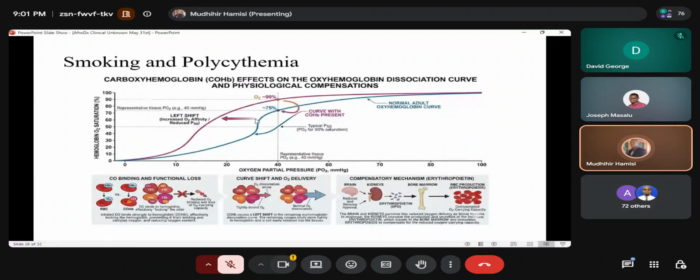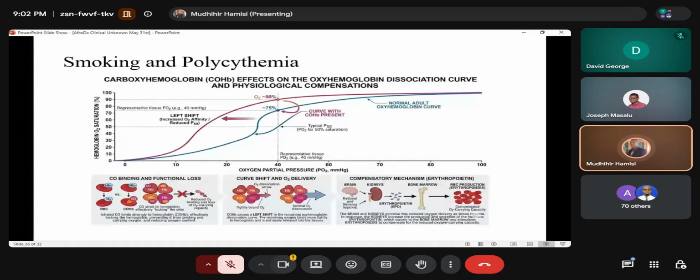So when the carbon monoxide binds to hemoglobin forming carboxyhemoglobin, there will be a left shift of the curve, and the little oxygen which also binds to the hemoglobin binds tightly and is not released in the tissue.